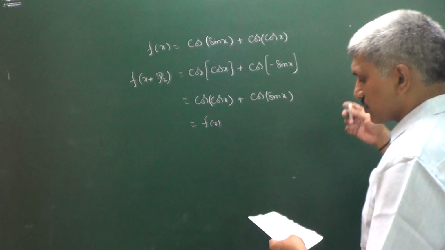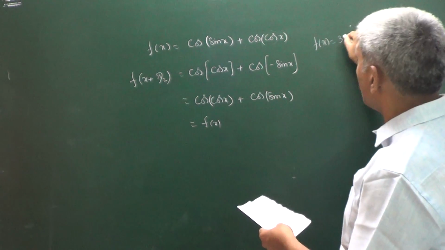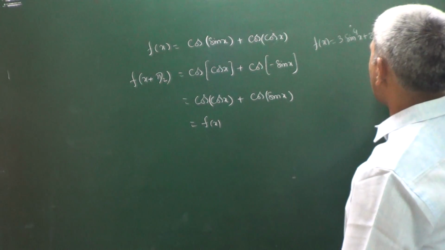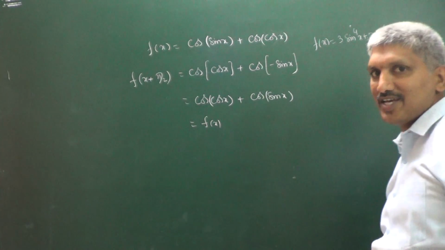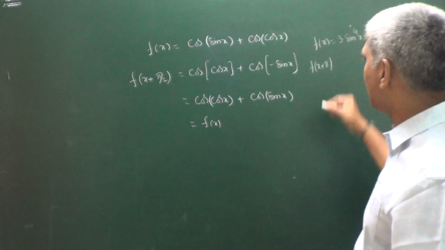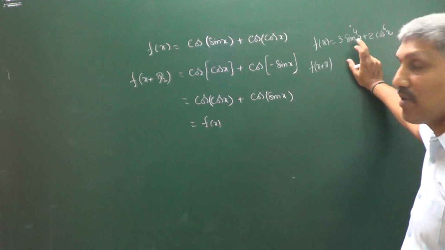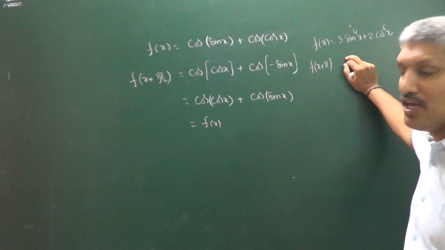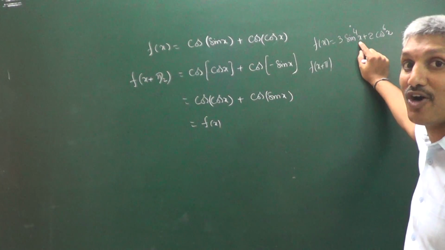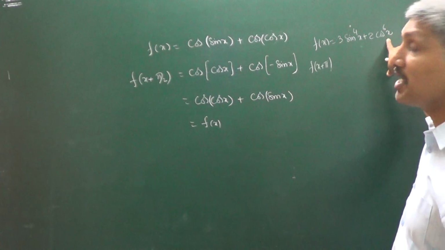So let's have a discussion of another question here. The question is given like this. f(x) is equal to 3(sin x)^4 plus 2(cos x)^6. Yes, this is a periodic function with the period π, because you see even powers are there, so sin remains sin only, cos remains cos only. If you are trying to check for π/2, what happens? sin(90 + θ) becomes cos θ, cos(90 + θ) becomes sin, here cos power 4, here sin power 6 you will get.